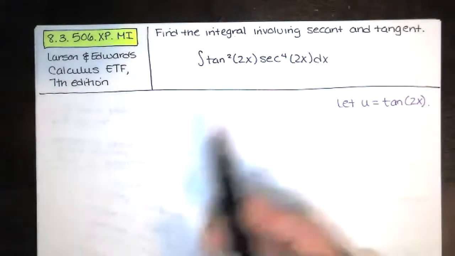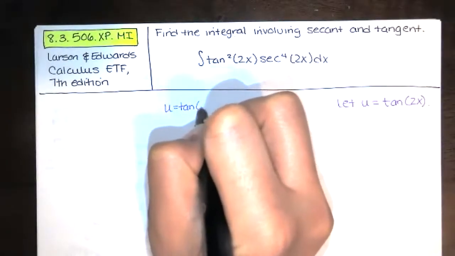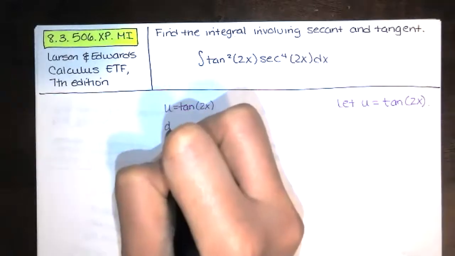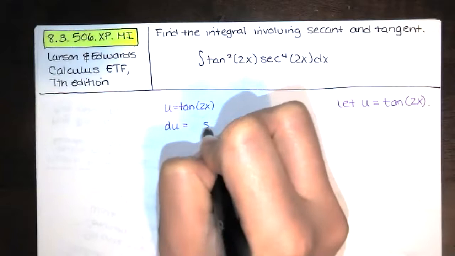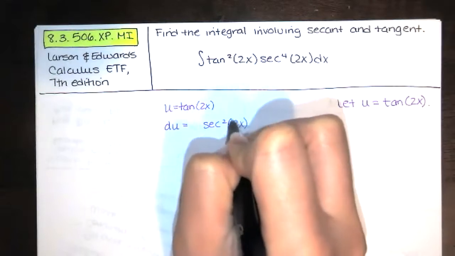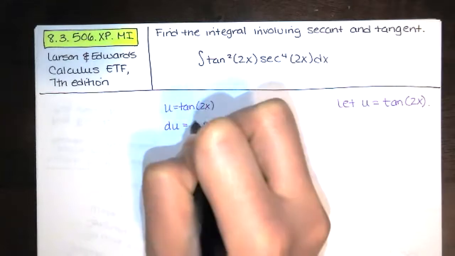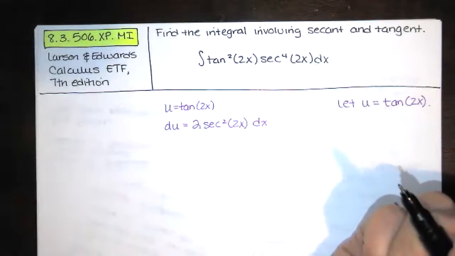So we let u equal tangent of 2x. And then we compute du. The derivative of tangent of 2x is secant squared of 2x times the derivative of the inside by the chain rule. So we get an extra 2 there. Don't forget your dx for your du.